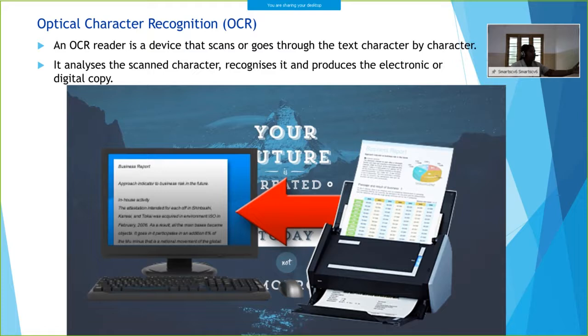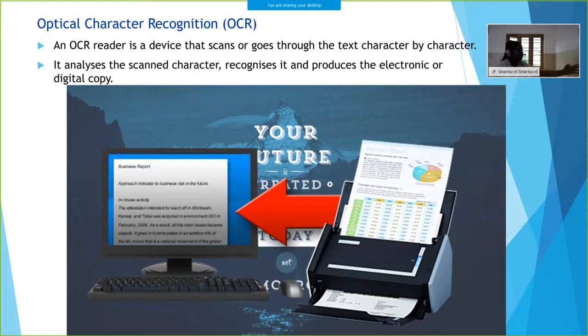Okay, this is another type of OCR scanner. An OCR reader is a device that scans or goes through the text character by character. It analyzes the scanned character, recognizes it and produces the electronic or digital copy.